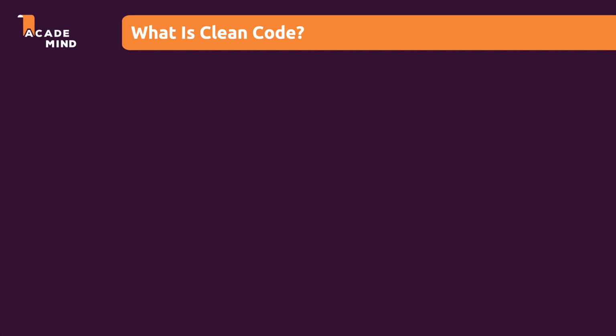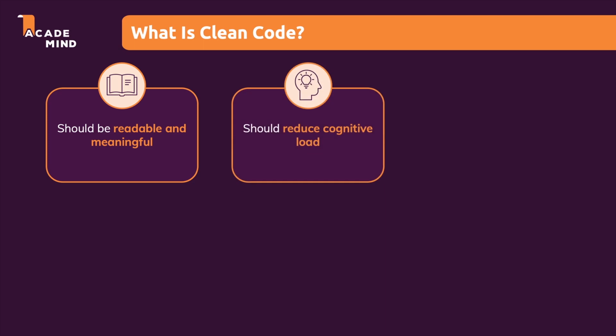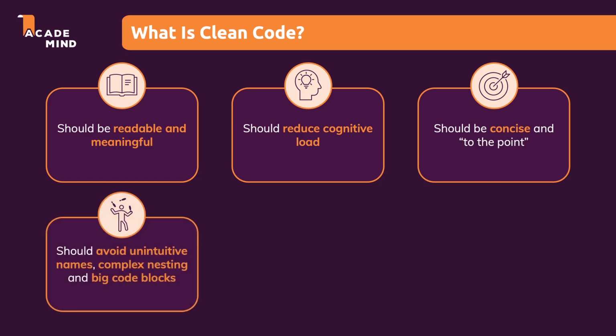Ultimately, it's code which is readable and understandable, and therefore code which is readable and meaningful, which reduces the cognitive load you have to go through, so that you have less cognitive load and understanding is easy. Clean code should be concise and to the point therefore, and you, for example, want to avoid unintuitive names, complex nestings, or big code blocks.